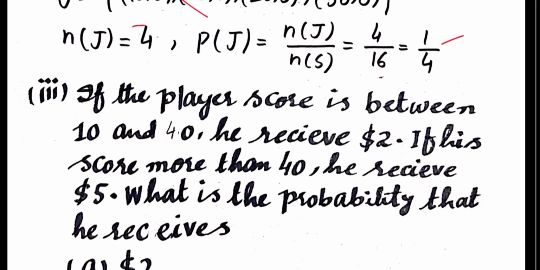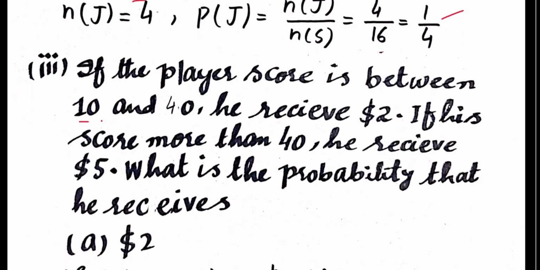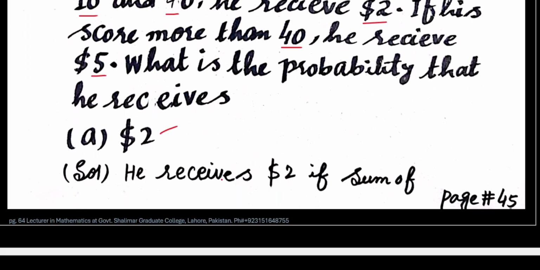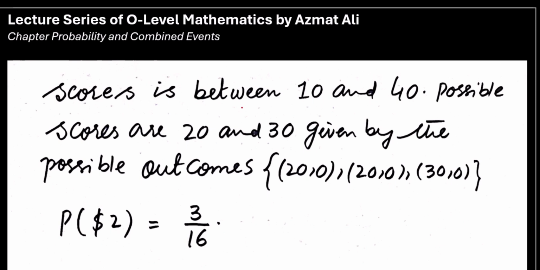If the player's score is between 10 and 40, he receives $2. If his score is more than 40, he receives $5. What is the probability that he received $2? He receives $2 if the sum of the score is between 10 and 40. So possible scores are 20 and 30. Here it may be noticed that between 10 and 40 means endpoints are not included.